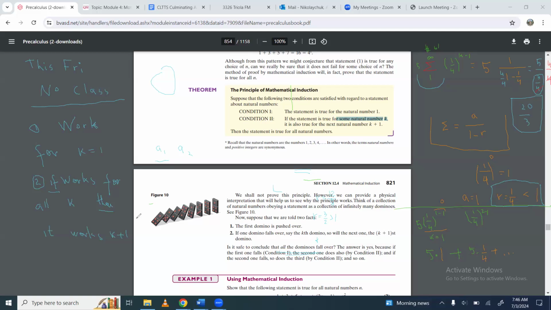What is everything? Well, it could be any formula that you're trying to prove. It's very abstract. So it works for the first element.